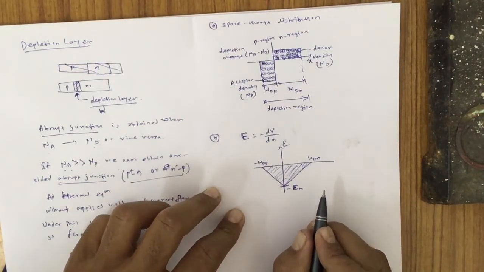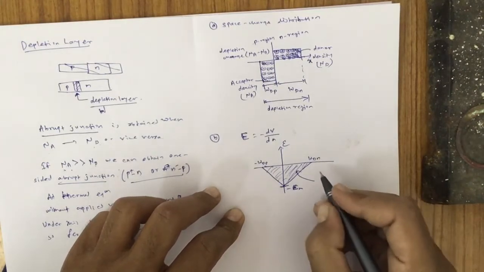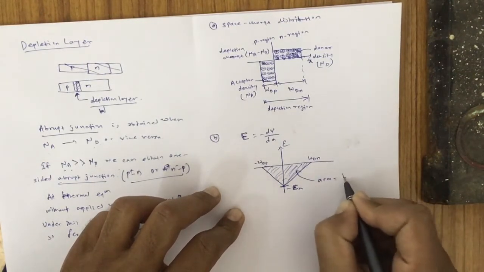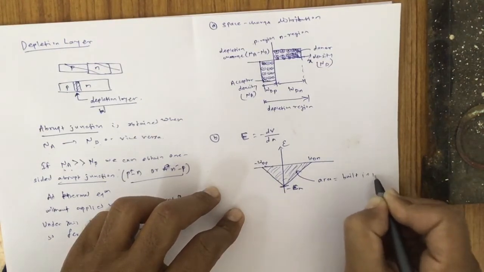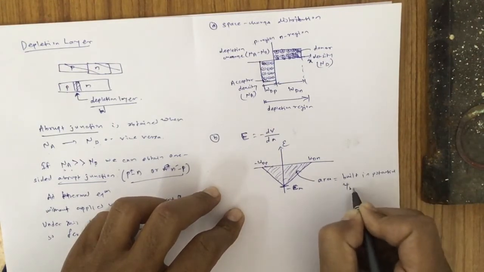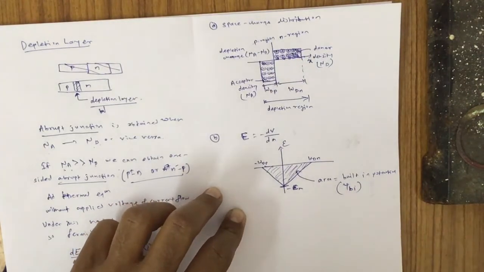The area under this gives us the built-in potential. Do remember this, built-in potential, that is psi bi.